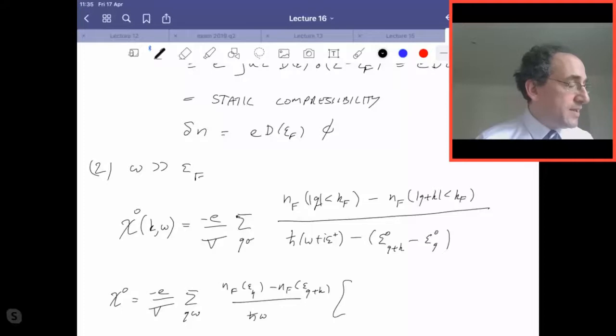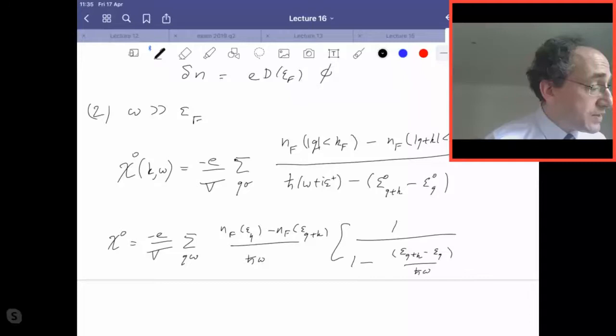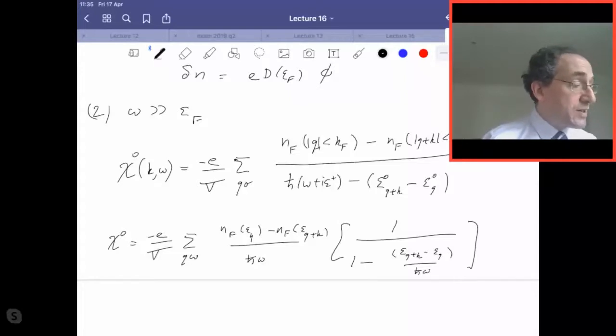And then the first correction term looks like 1 minus (epsilon_{q+k} minus epsilon_q) divided by h bar omega, plus dot dot dot. That's actually still exact. So this thing in the denominator is considered small because omega is large, and the leading term is just the 1 within brackets.